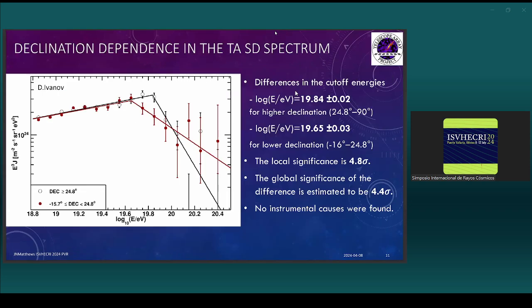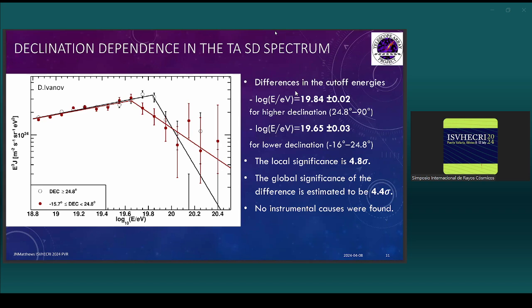So this has been studied by Dmitry Ivanov, and what he said was, what happens if we divide the Telescope Array spectrum into two parts, one in the common declination band and the other above the common declination band?